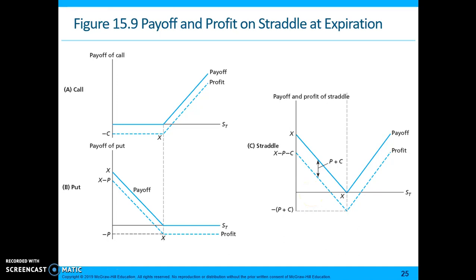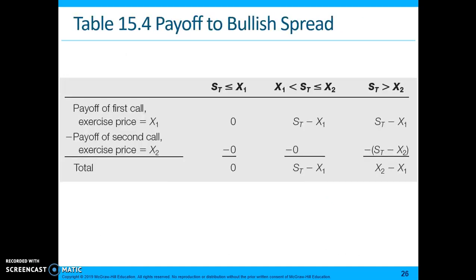So next strategy is a bullish spread. What we do is we're going to buy a call, and then we're going to write a call. We're buying a call with a lower strike, and we're writing a call with a higher strike.